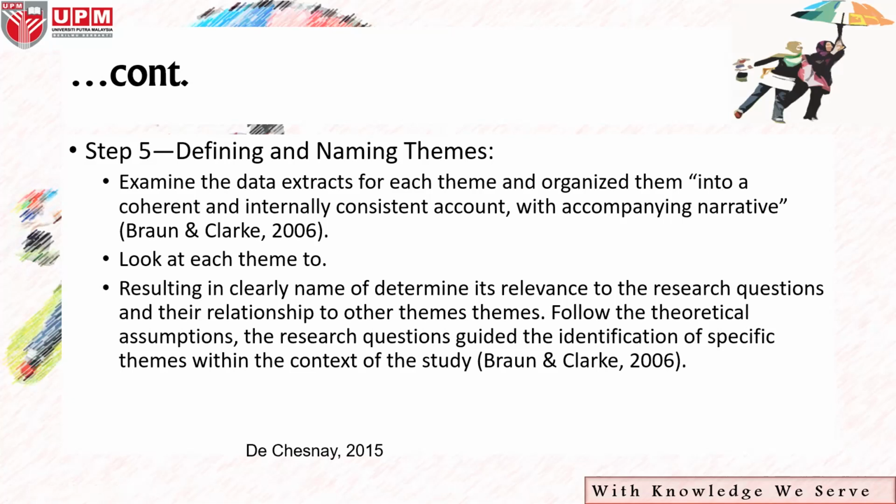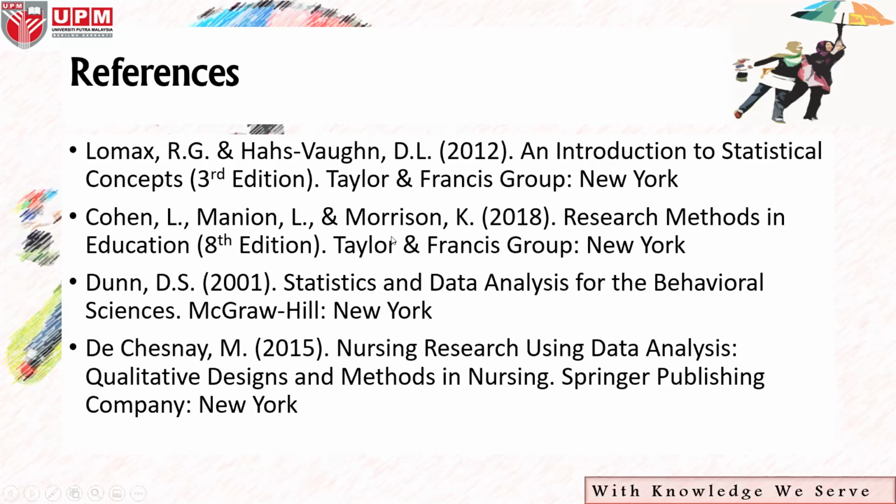Look at each theme too, resulting in clearly named themes, and determine their relevance to the research questions and their relationship to other themes. Follow the theoretical assumptions. The research question guided the identification of specific themes within the context of the study. So these are the 5 steps that you can follow.